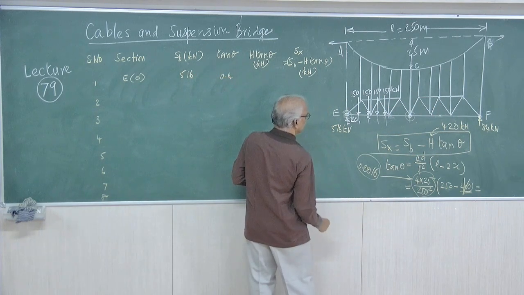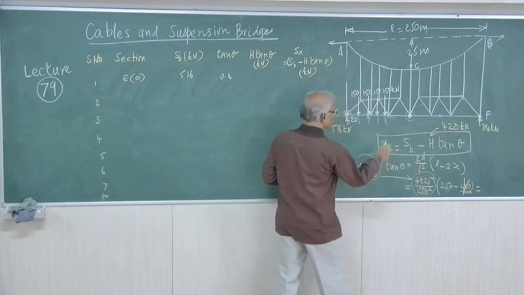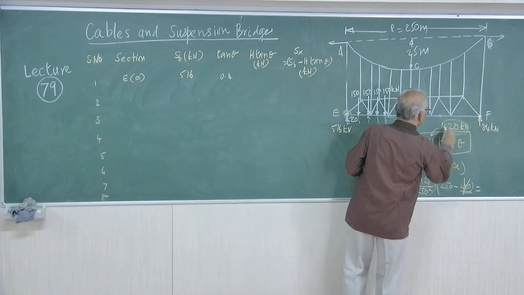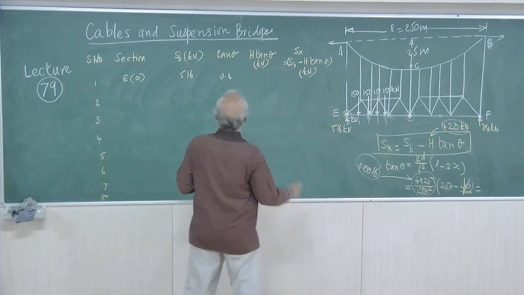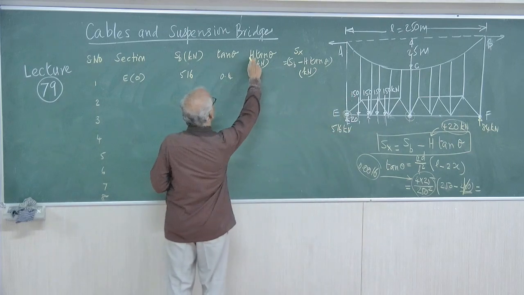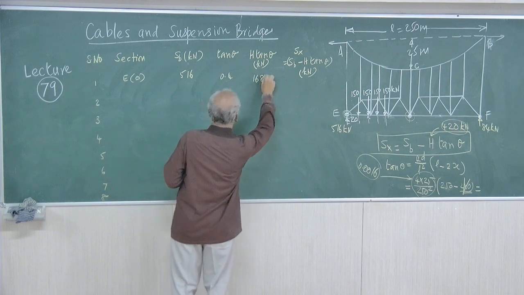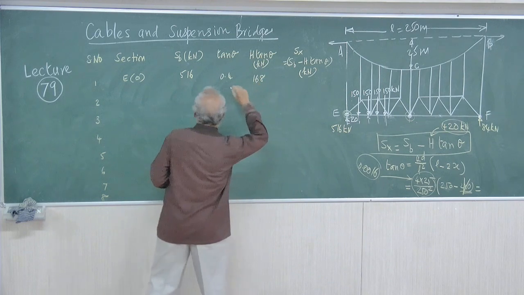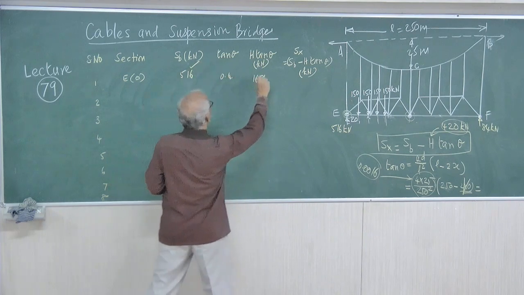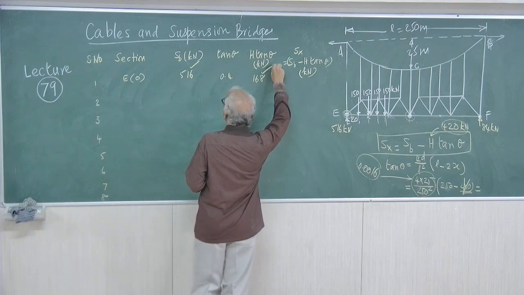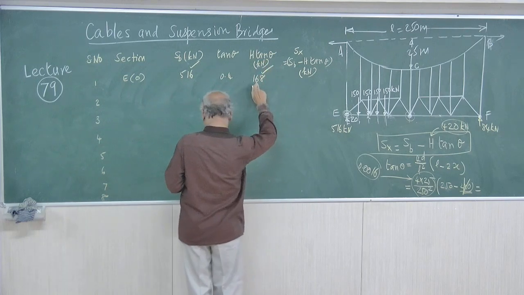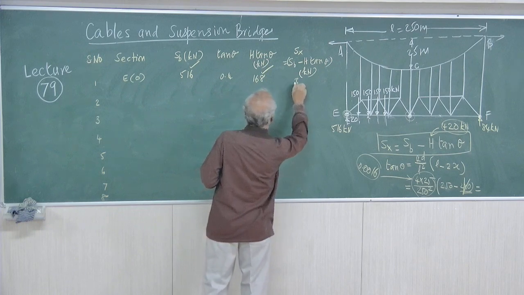So 420 into 0.4 is equal to 168. And 516 minus 168, that is beam shear minus H tan theta, equals 348.